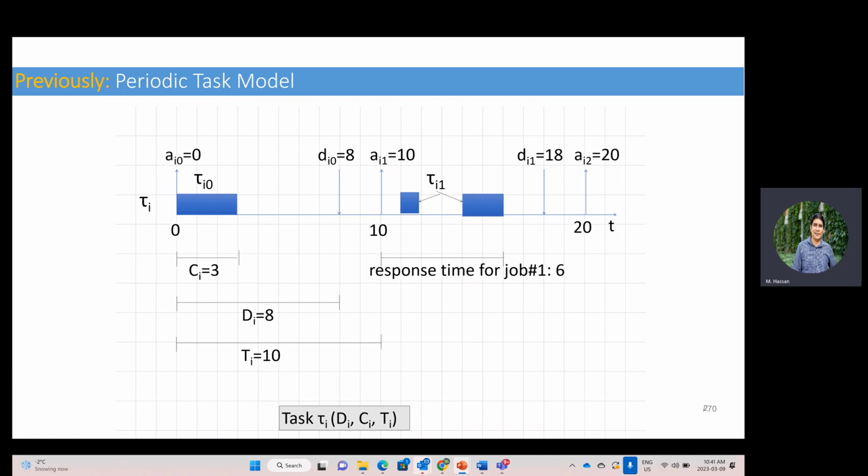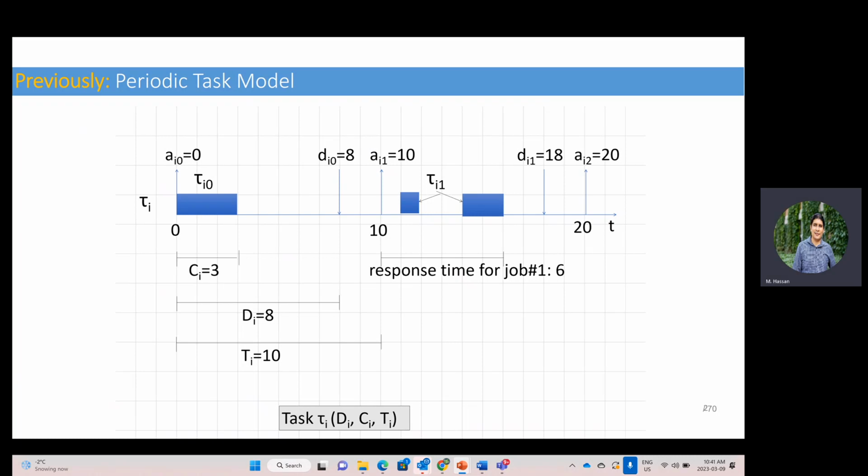For every period, we call an instance of the task a job. We release a job of that task, and every job is exactly identical. Then the job takes C time to run. For example, this is job tau I0 from task tau I, and it runs for 3 time units. This is why CI here is 3. And the deadline is 8 in that case.